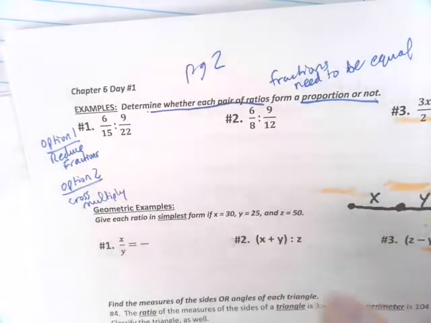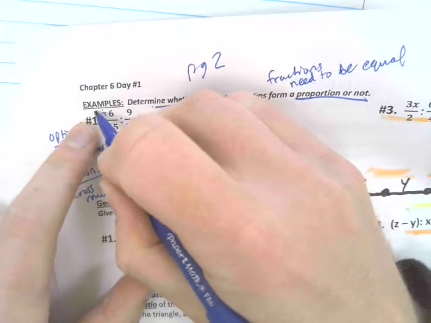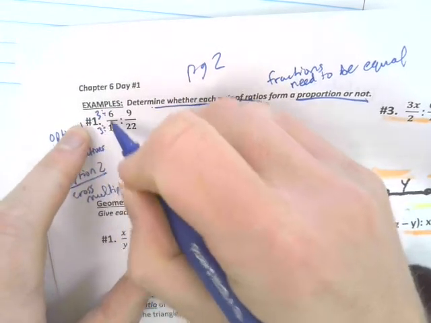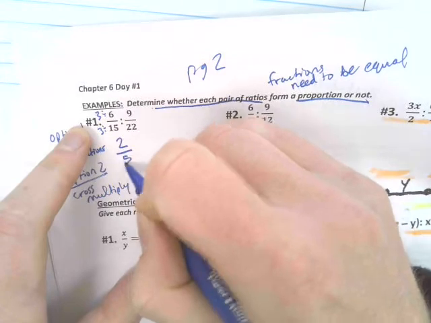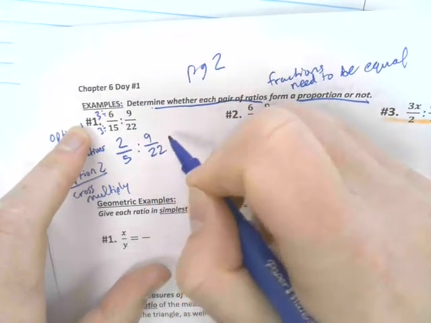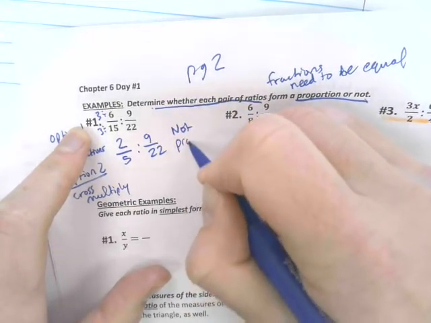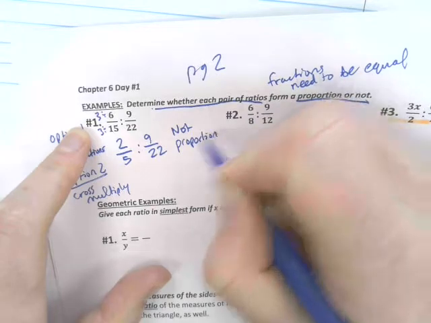So 2 options here. So for example, if I reduce down 6 over 15, I can divide those both by 3. That is 2 over 5. 9 over 22 doesn't reduce. These are not proportional, not proportions.